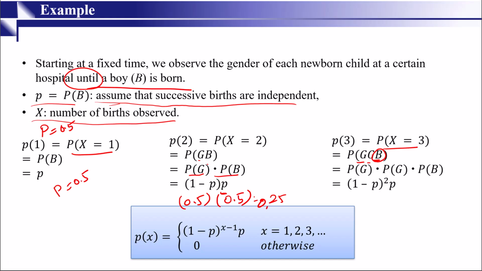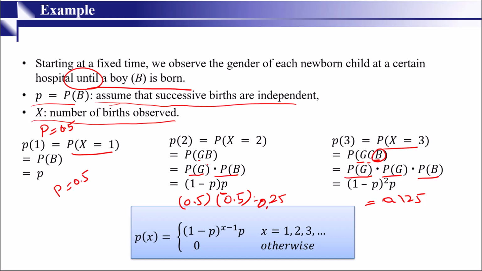The first one was a girl, the second one was a boy, right? X equal to 3 means the first and second were girls, but the third one was a boy. So probability of girl, probability of girl, probability of boy. Again the same, and you will get 12.5%. By continuing the same for 1, 2, 3, and so on, we can find a general formula.